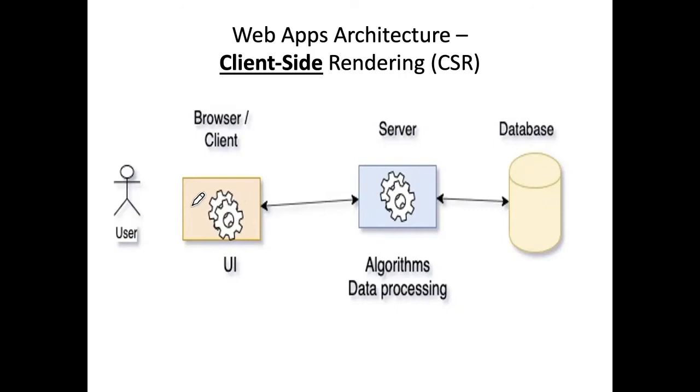So what we say is that the client or the browser is rendering the user interface, hence this categorization of client-side rendering web apps. So there's a better distribution of the overall workload in this architecture. And it is this client-side rendering model that we will be focused on in this module.